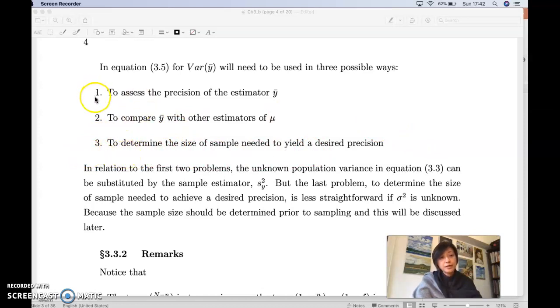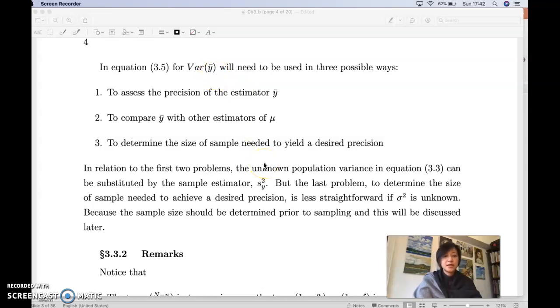That could be quite interesting when we talk about number 3. But first of all, with points 1 and 2, we can use the variance of y bar to help us assess the precision of our estimate or to compare y bar with other estimators. We can use equation 3.5 for the true value of the variance of y bar, given sigma squared is known.